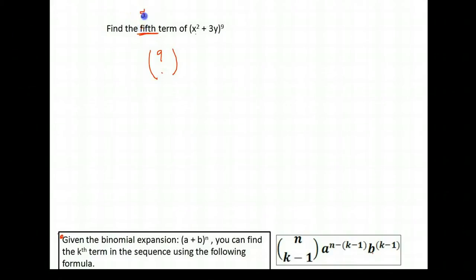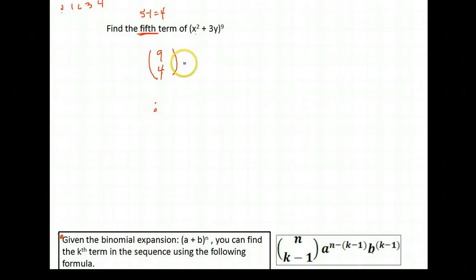We wanted the 5th term, so 5 minus 1 is 4, and we're going to use a 4 here. The reason for that is in your terms you start with 0, remember. So when you get to the 5th term, you're only up to 4, because 0, 1, 2, 3, 4, that's actually 1, 2, 3, 4, 5 spots. That's why we have to subtract 1, because we start at 0 when we're expanding.